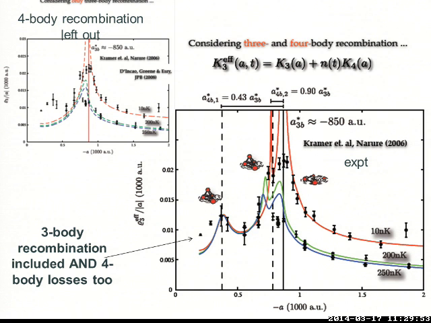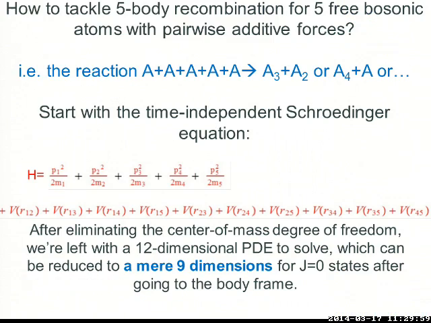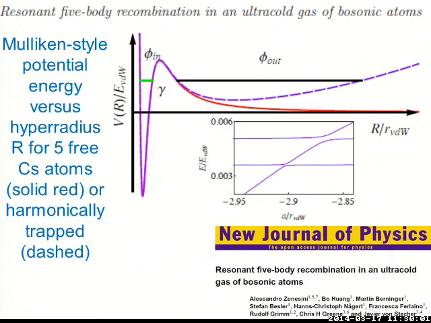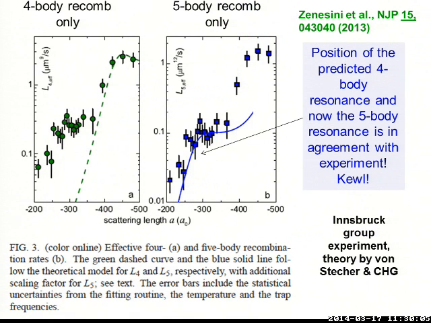And this dashed line is where this universal prediction places it. And for 5 bodies even, there is evidence that a 5-body recombination resonance is right where it's expected as well. So this is the largest such universal cluster of this type that's been observed.